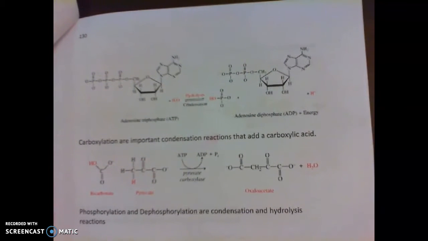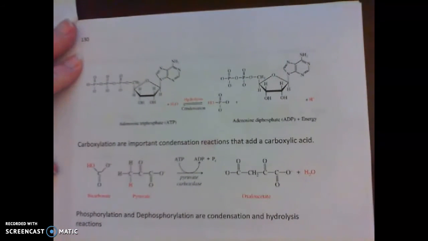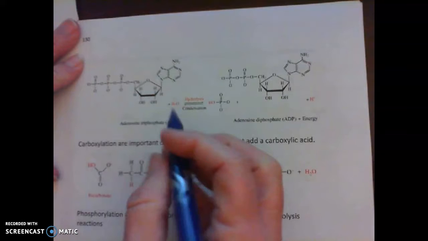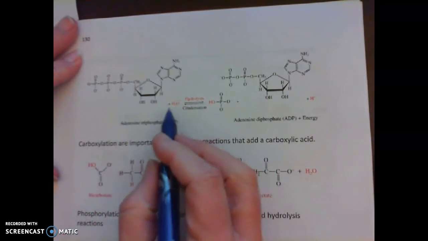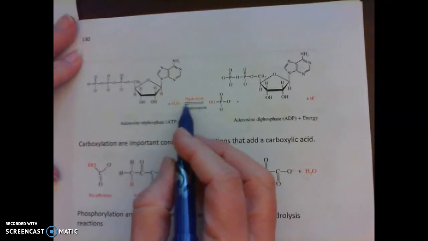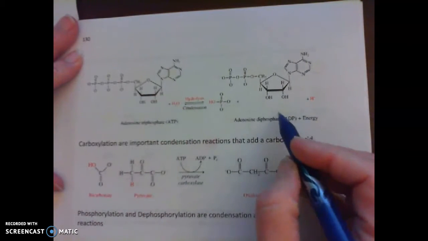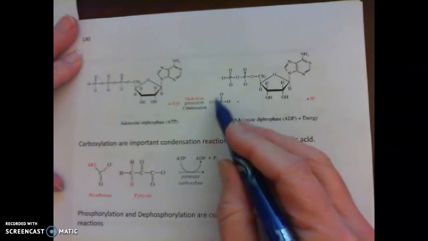Let's look at some specific examples. This first one will hopefully look familiar from your biology experience. Here we have ATP and water undergoing hydrolysis to form ADP and this phosphate group.